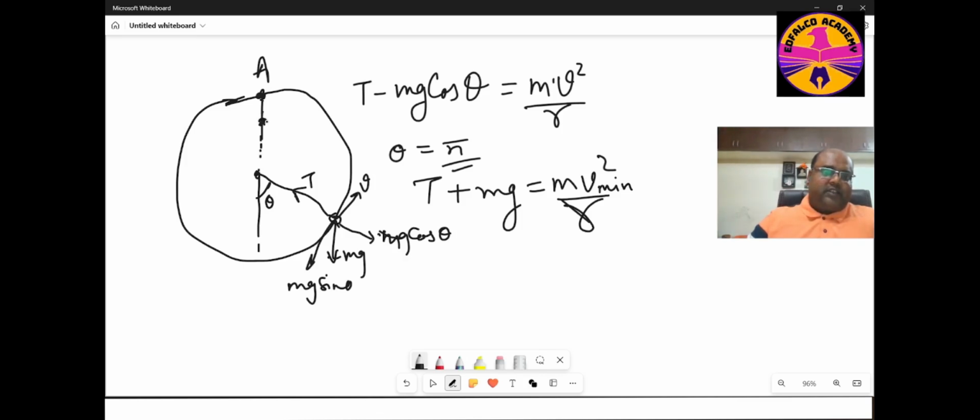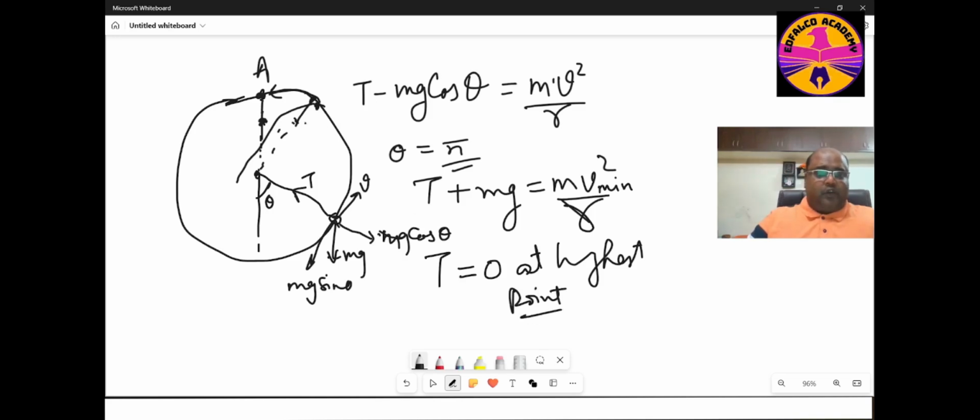If the tension goes away here itself, at this point itself, then the body will fall off from here. It won't reach this point. So in the limiting case, the tension is zero at the highest point. That is what we want.